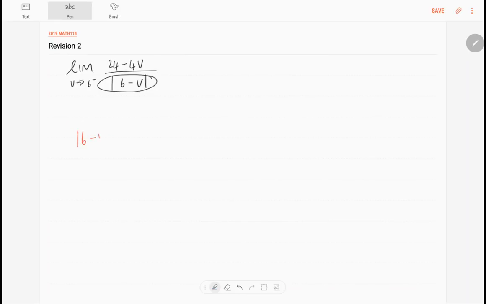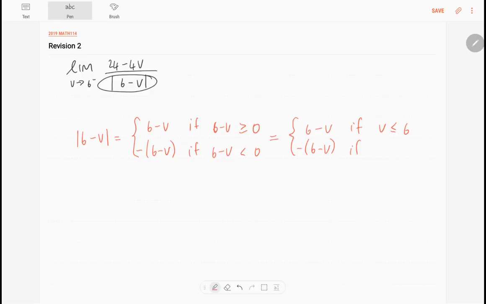The absolute value of 6 minus v equals 6 minus v if 6 minus v is greater than or equal to 0, and it equals minus (6 minus v) if 6 minus v is less than 0. This is 6 minus v if v is less than or equal to 6, and this is minus (6 minus v) if v is greater than 6.